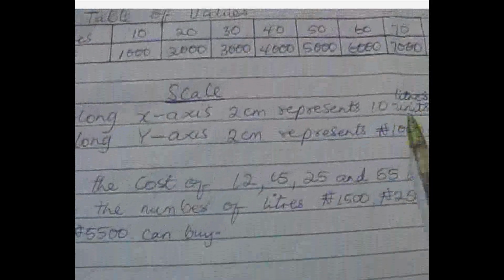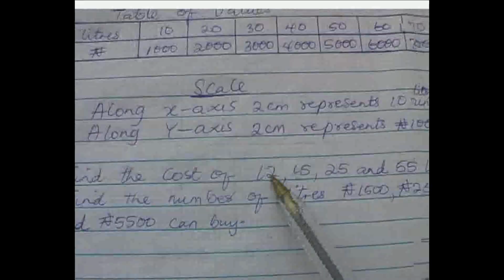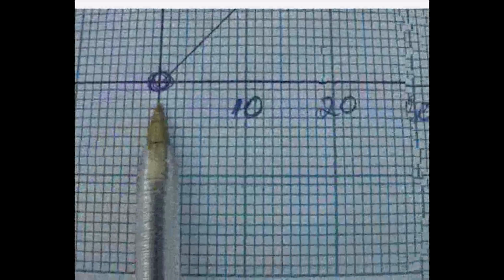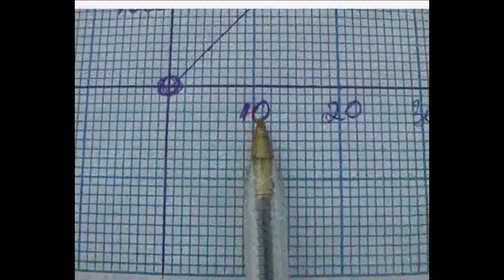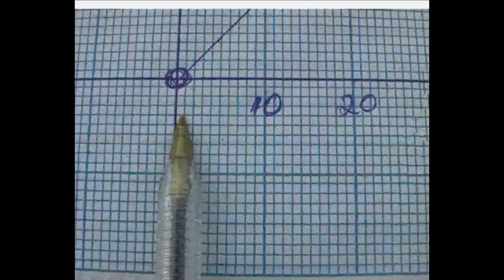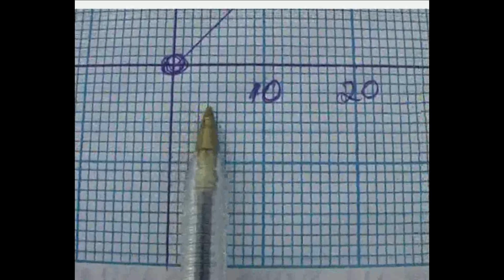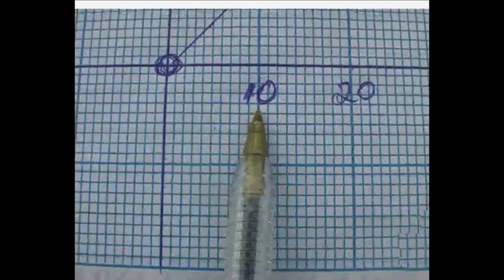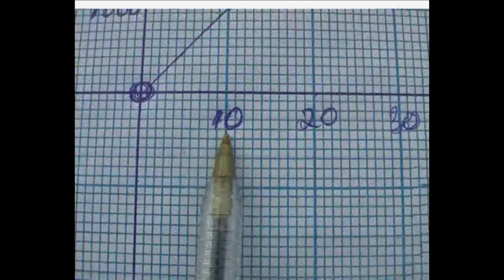Watch very carefully. This is 12 liters. And along your x-axis, you have the calibration on liters. Now look closely. From 0 here to here is 10. But in between 0 and 10, you have 10 small squares.